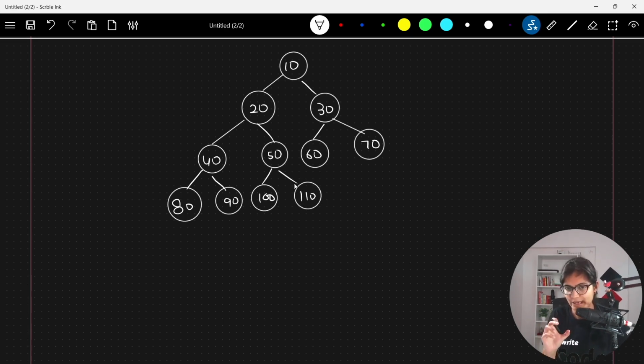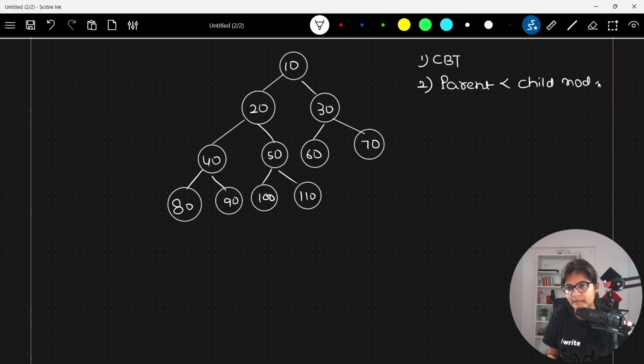Now, is this a valid Minheap? First of all, yes, it is a complete CBT, complete binary tree, because whenever I am saying Minheap, automatically CBT comes into the picture. Secondly, all the parent values are lesser than the child node values.